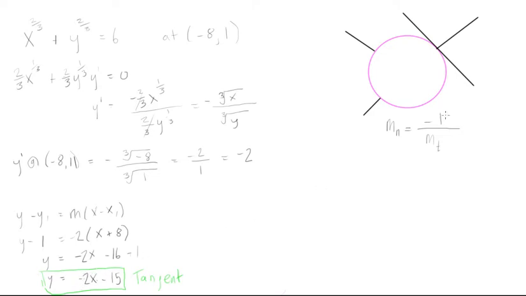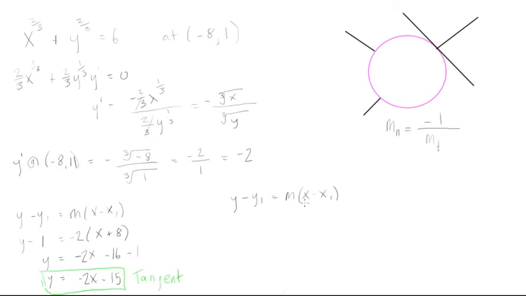So now what we want to do is solve for what the normal is. And so the slope of the normal line, right, is the negative reciprocal of the slope of the tangent line. We're using the same points, so we can rewrite this equation again, but switch out the slope for the normal slope, and then we'll find out what the equation of that line is. So again, we'll say y minus y1 is equal to m times x minus x1.